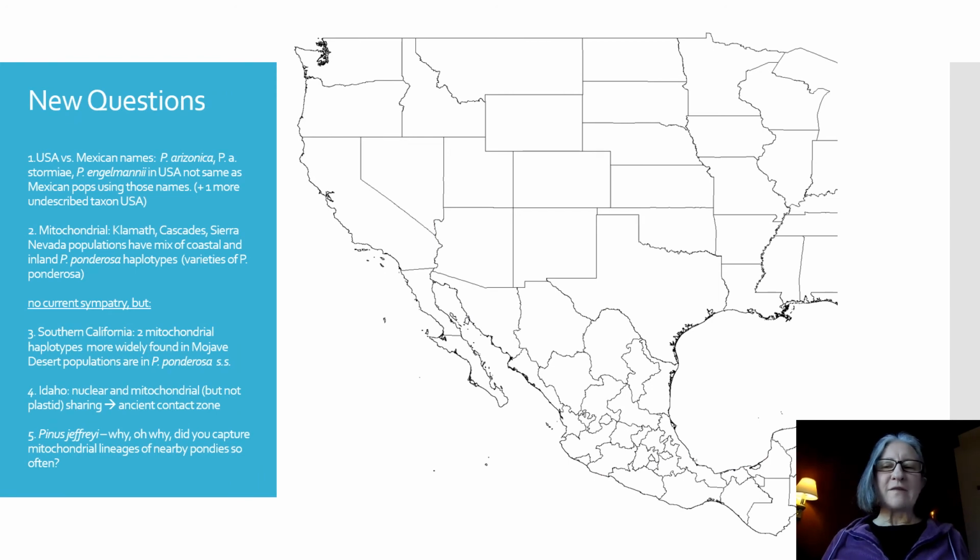Geographically, I won't have time to show you evidence. I'll just lay out a few other questions for you. First of all, Pinus arizonica and Pinus engelmannii were defined in the USA, in southeast Arizona. However, those names have been assigned to some populations down in Mexico, and neither of those taxa are cohesive.